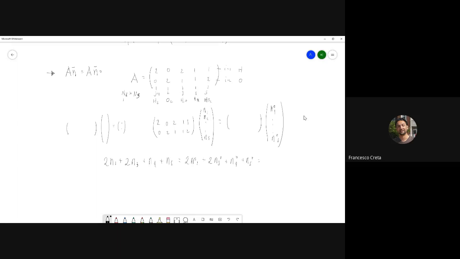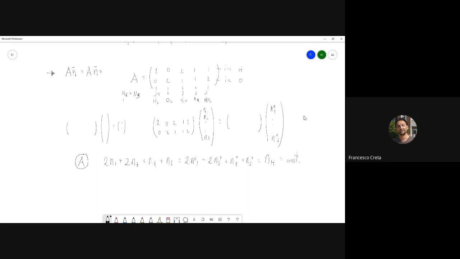Okay, and this must be equal to a constant. Why? Because this represents the total number of hydrogen atoms, which is constant, clearly. So that's an equation which we can call the first equation, we call it A. We need 5, so A, B, C, D, and E. The second one, well, take the second row here.